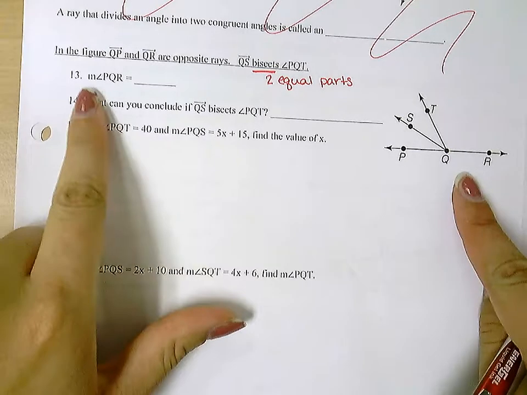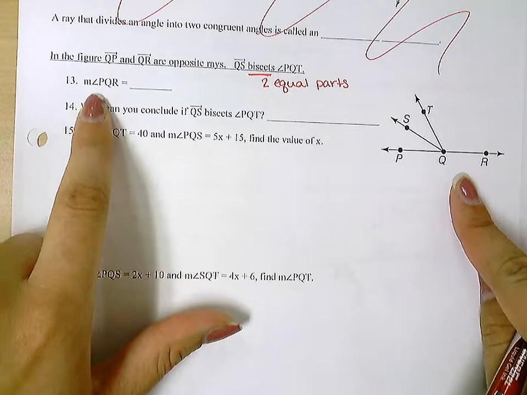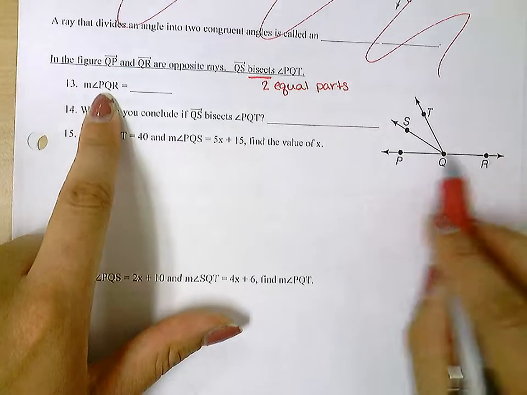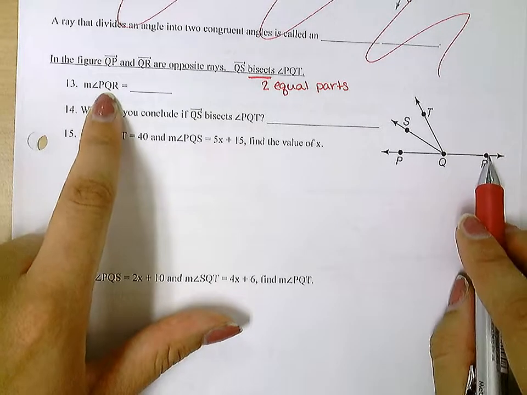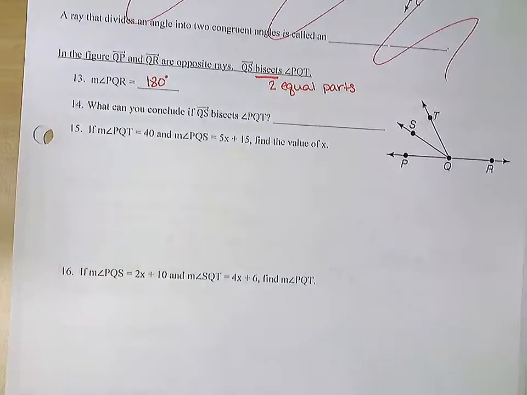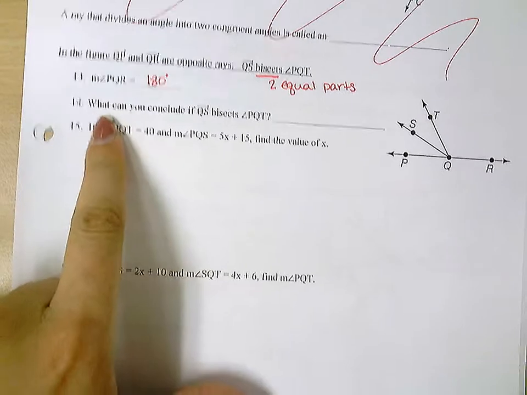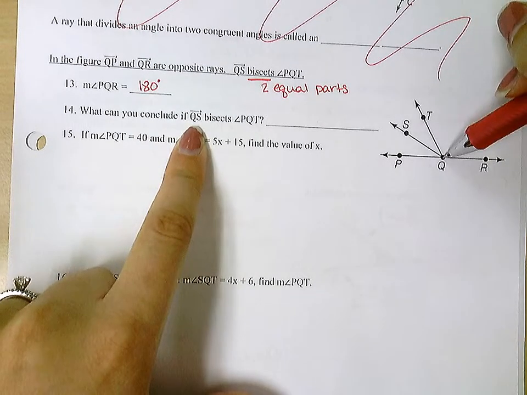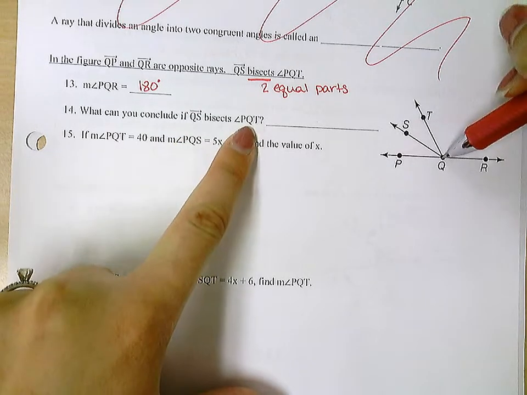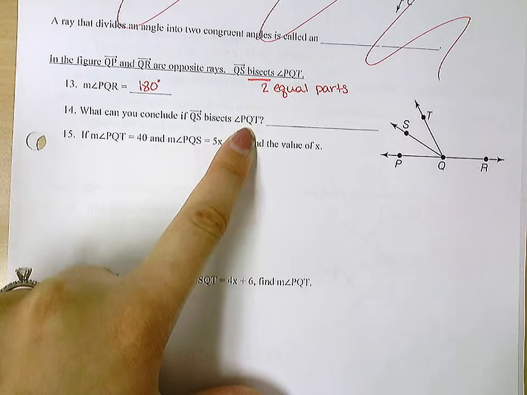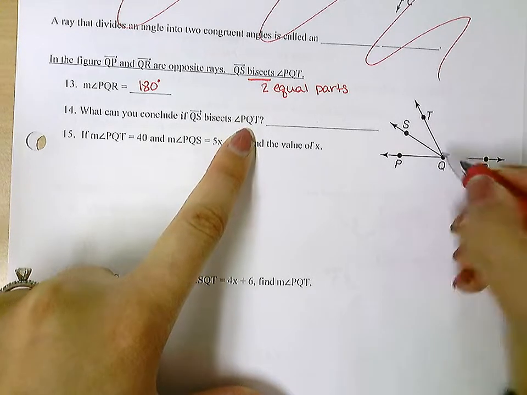So a couple steps here. First, angle PQR. Okay, that's this one. It's a straight angle. What does that measure? 180. Okay, so it is 180 degrees. Okay, what can you conclude if ray QS, so from point Q to S right here, bisects angle PQT, if it splits it into two equal parts?